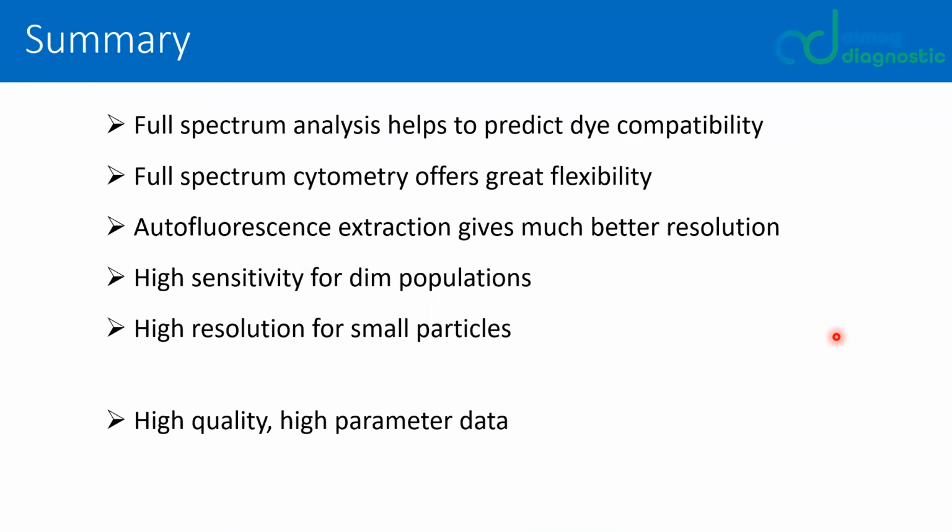It gives us much better resolution, especially for dim populations and for cell types that have high autofluorescence. So we get this high sensitivity for dim populations, and we get high resolution for small particles. And all this, we get high quality, high parameter data that we can analyze on different platforms today.